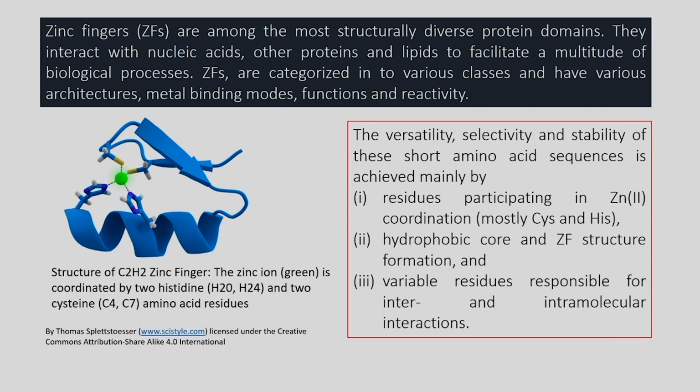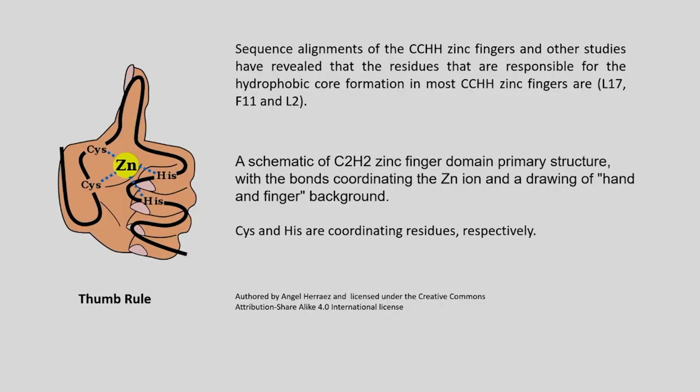The versatility, selectivity and stability of these short amino acid sequences is achieved mainly by 3 things: residues participating in zinc coordination, mostly cysteine and histidine, then the hydrophobic core and ZF structure formation, and variable residues responsible for inter and intramolecular interactions. So, this is the thumb rule which you may remember to understand the zinc coordination.